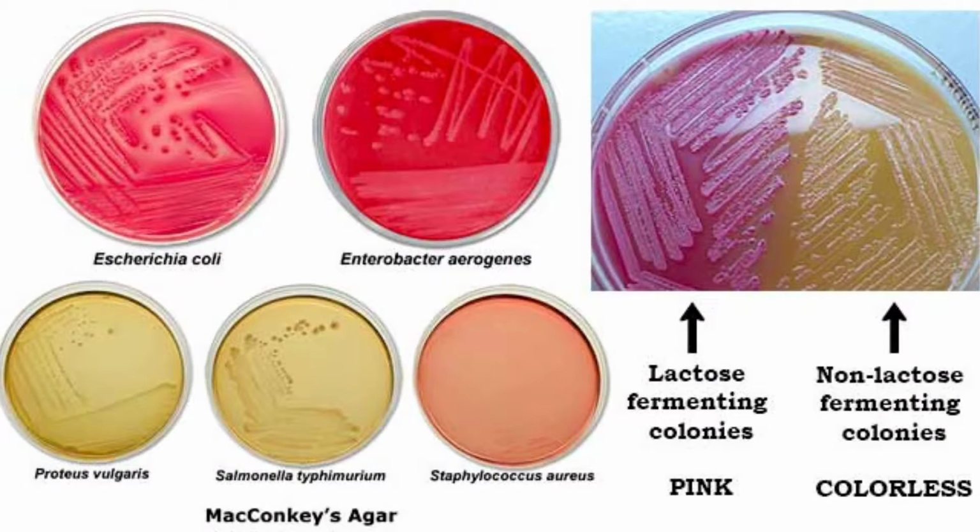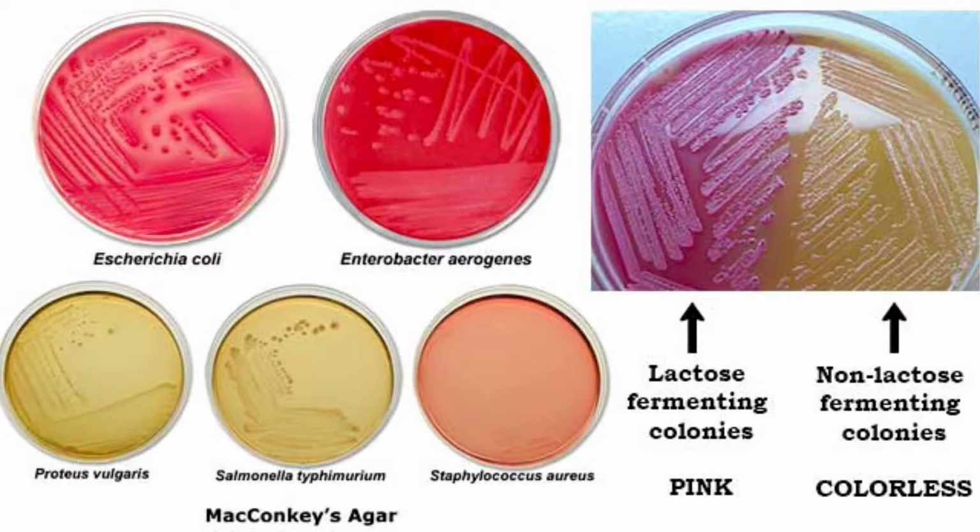What I mean to say is that MacConkey agar contains a pH indicator. Lactose fermenter bacteria like E. coli will convert the lactose to acid metabolites, and those acid metabolites will change the pH indicator towards pink. You can see in this picture that I have shown two groups of colonies in the MacConkey agar: lactose fermenting colonies and non-lactose fermenting colonies.